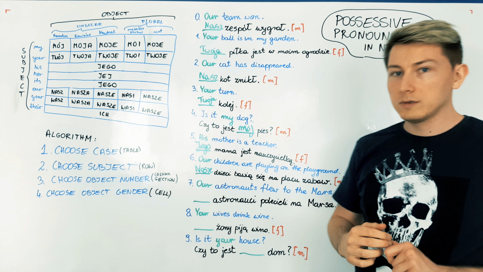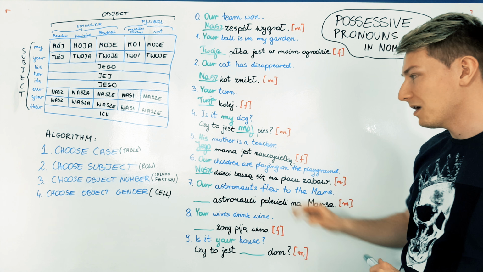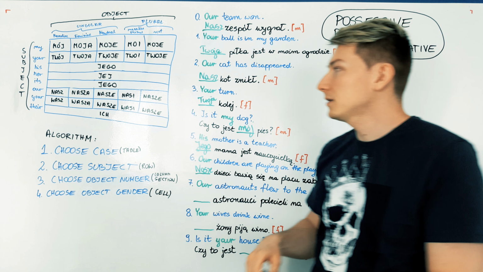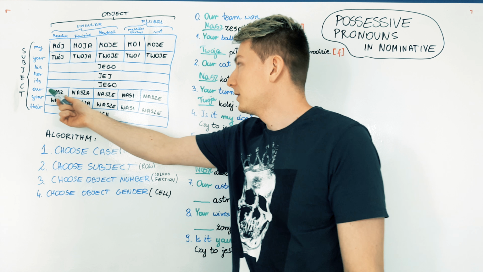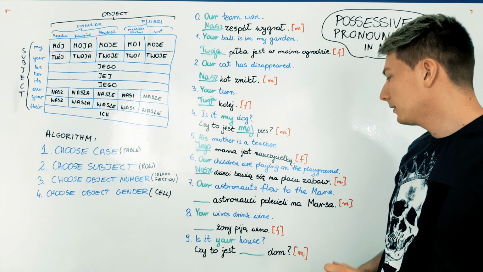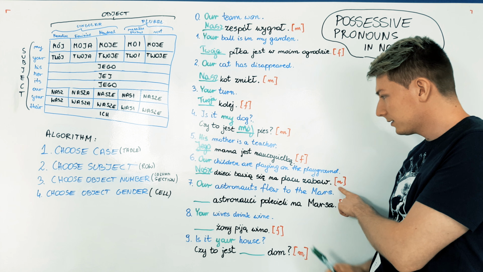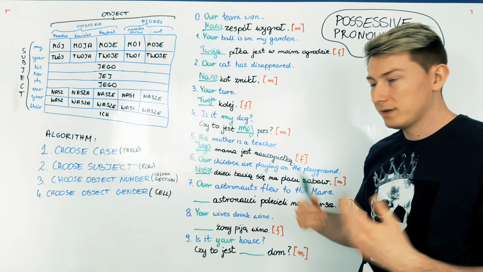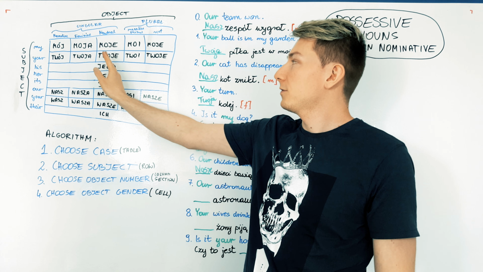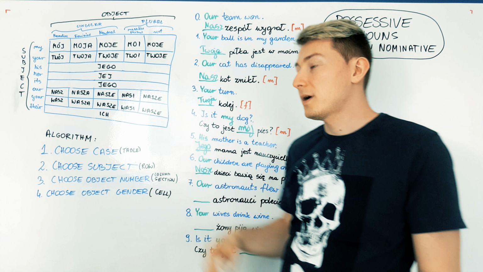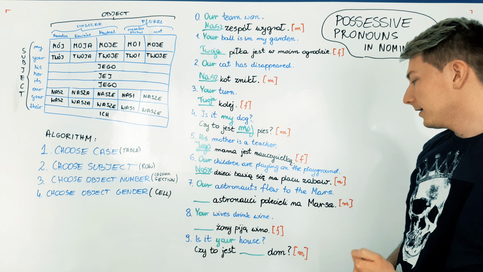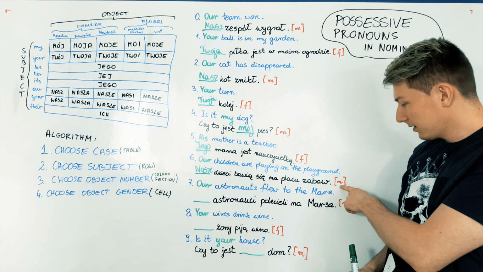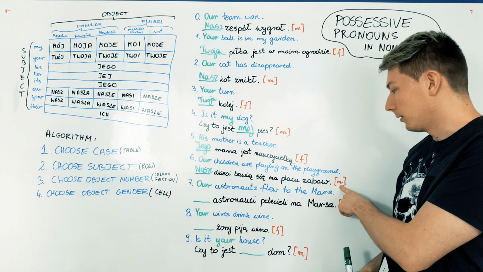This one maybe was a bit more difficult, so I will go through it. Our children, of course, we are the subject, so this row, then it's plural, children, so not one child, but many children, so it's plural. We have to take this time the right part of the table. And where is it? The gender is neutral.